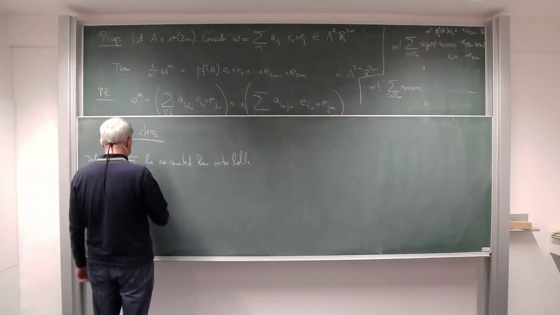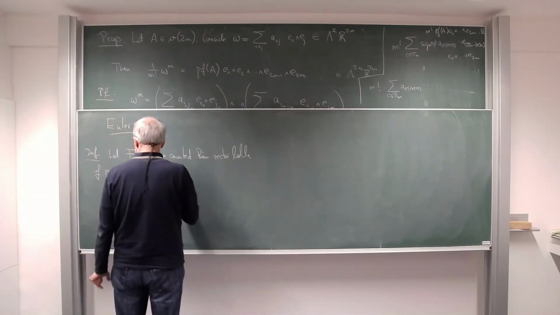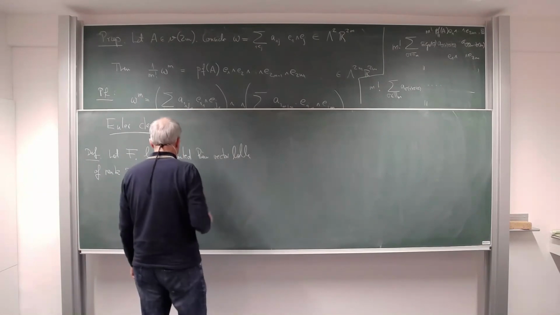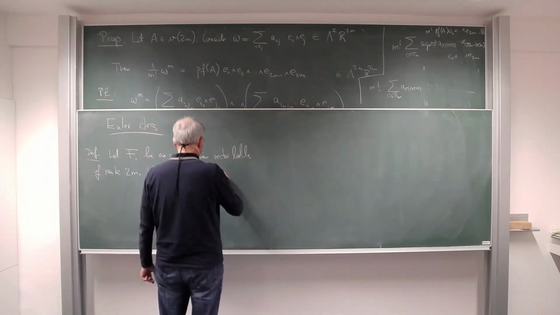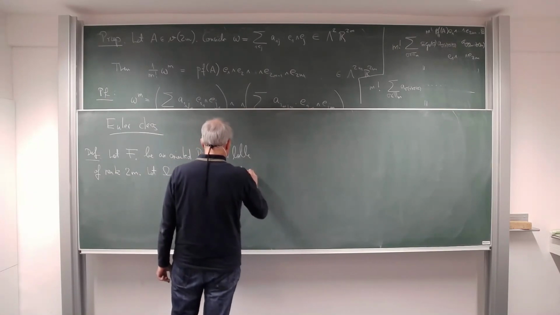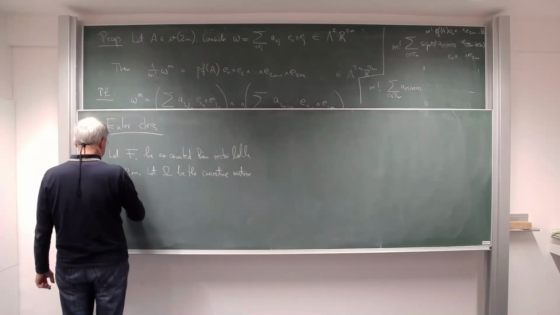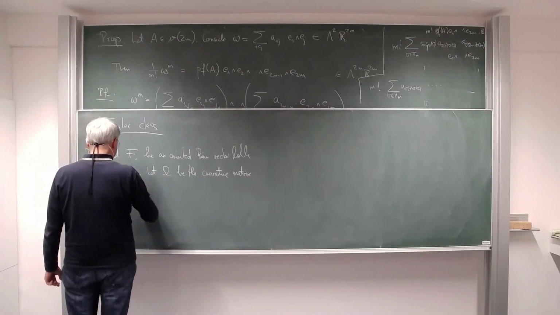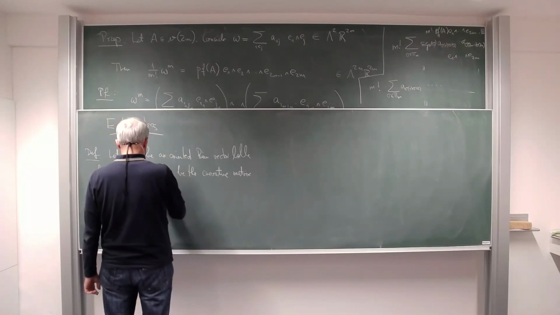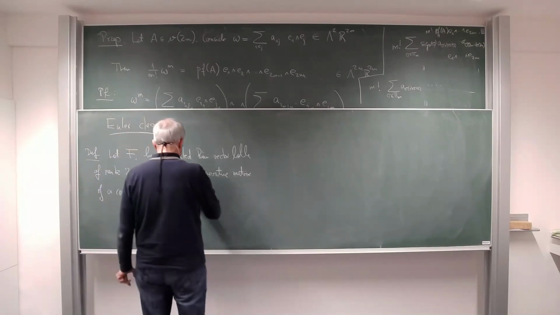Then, let omega be the curvature matrix of a connection of F with respect to a local trivialization.